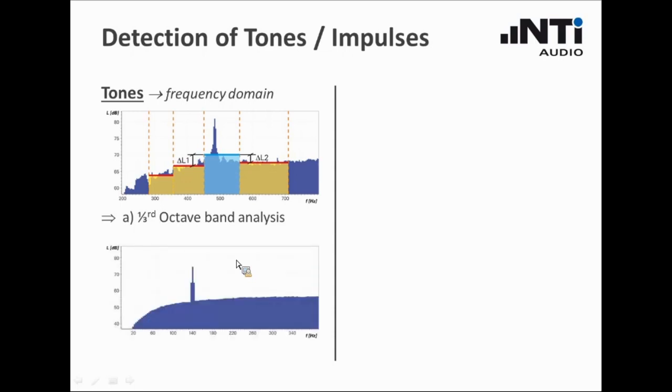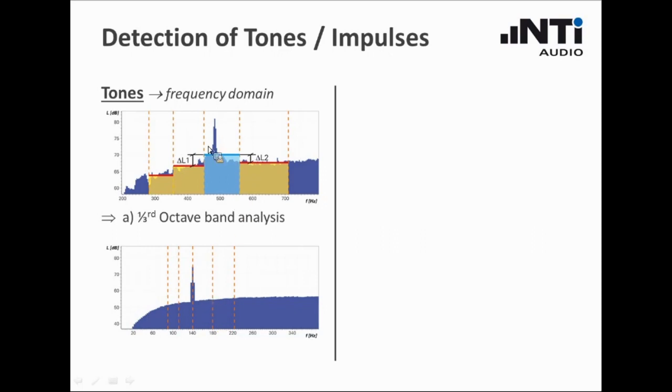A second approach comes from the fact that this splitting into third octave bands may result in our dominant tone being exactly on the border of two bands. So how can we detect this tone?